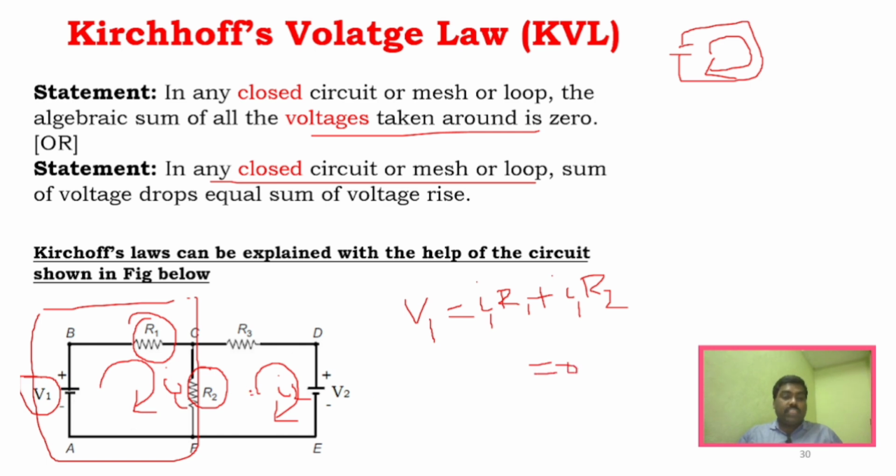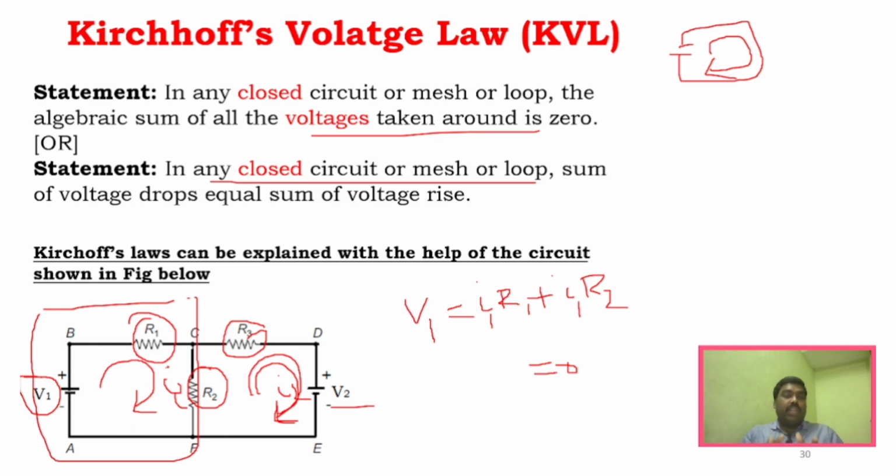And if you take this mesh again, then this voltage must be equal to the voltage which is dropping across R3 and R2, right? So don't get confused. I'm taking only this particular mesh, right? Because if you consider this mesh, we have to write this as I1 minus R2, right?